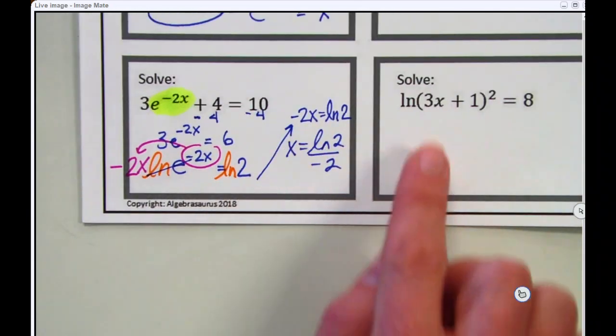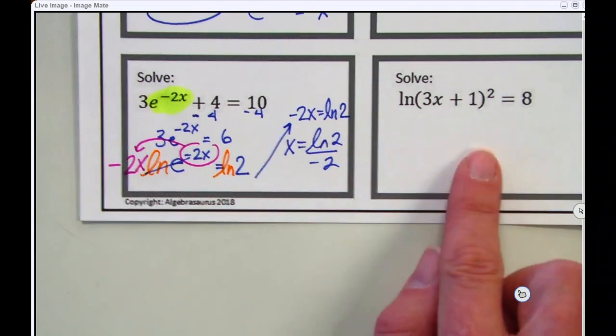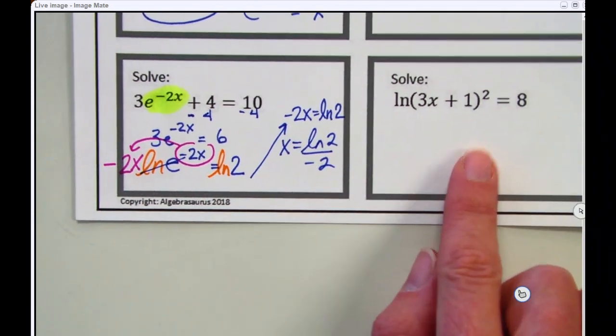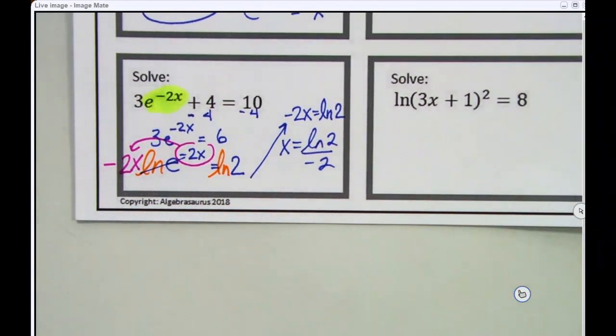Would you like to see another problem with e in it before I move to ln? Let me, hate to make them up because I don't want them to be ugly. Let me see if I can find some good ones. 6.1, 6.5.